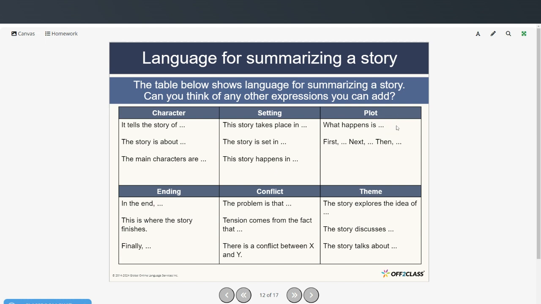Plot: what happens is, first, next, then. Ending: in the end, this is where the story finishes, finally. Conflict: the problem is that. Tension comes from the fact that there is a conflict between X and Y. And theme: the story explores the idea of, the story discusses, and the story talks about.